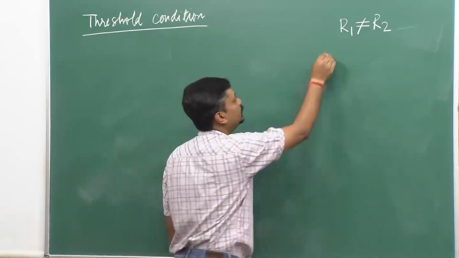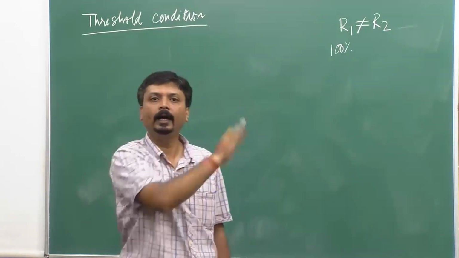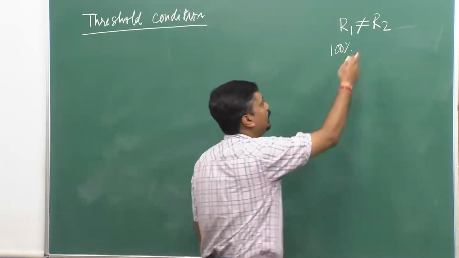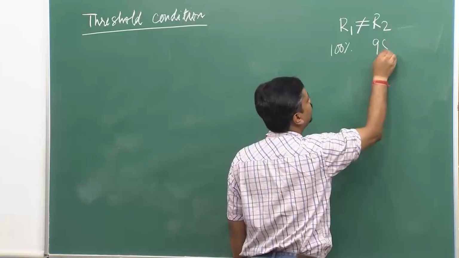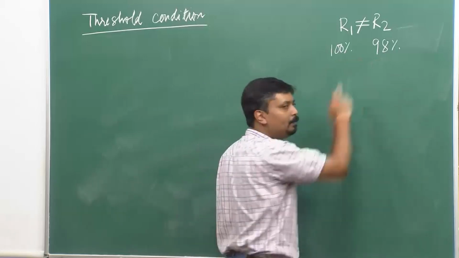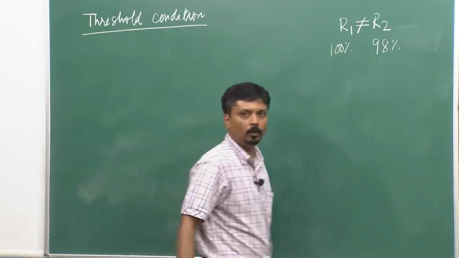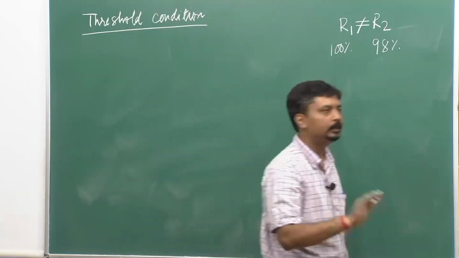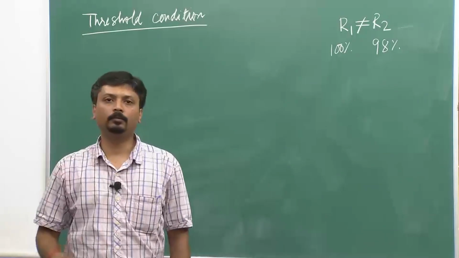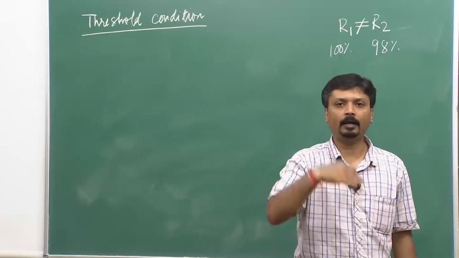One is 100%, I will assume 100% here, because I am already taking care of the losses which are known to me, so we should not doubly count it, and R2 say 98%. You can see that this is not 100%, by design of the laser. So, this 2% always goes out. I need to consider this here also, because that will affect the overall intensity or the photon density within the cavity, correct.